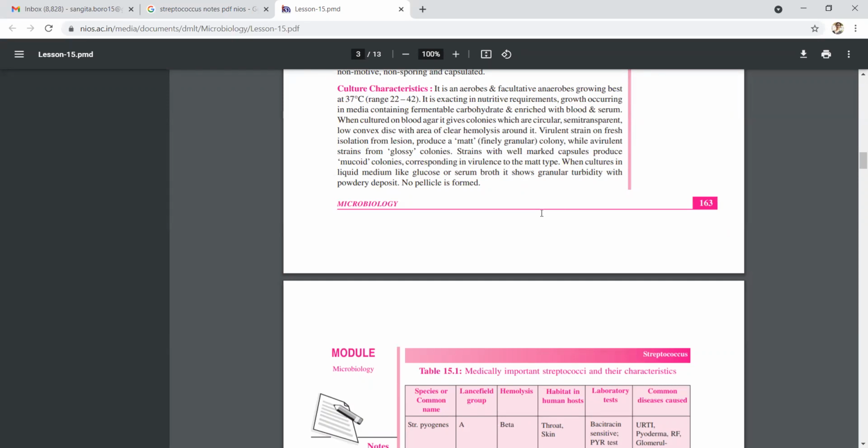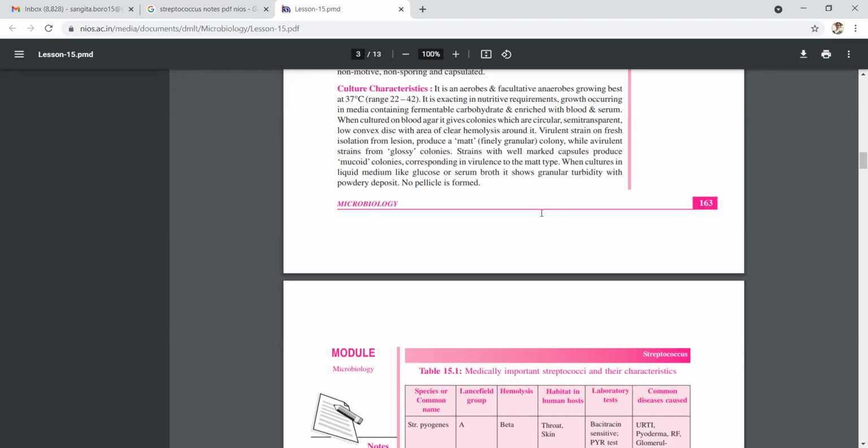If you are isolating a bacteria from the lesion and growing it on the culture media, and when the colonies form, you see the colonies are finely granular and matte. Matte means they're not shiny. Those will be virulent strains. That means those strains are still dangerous.